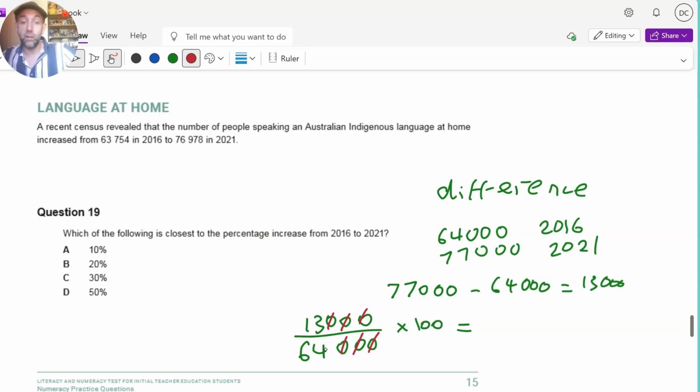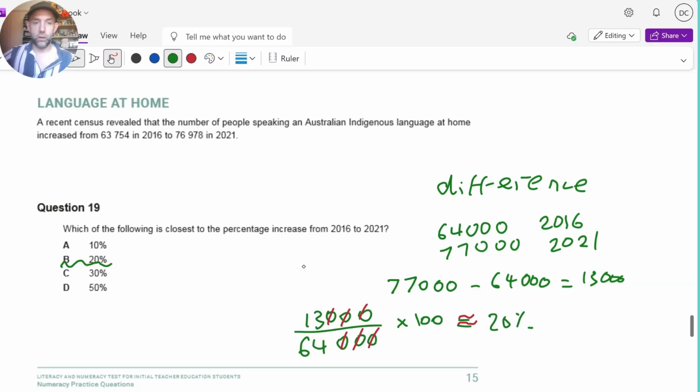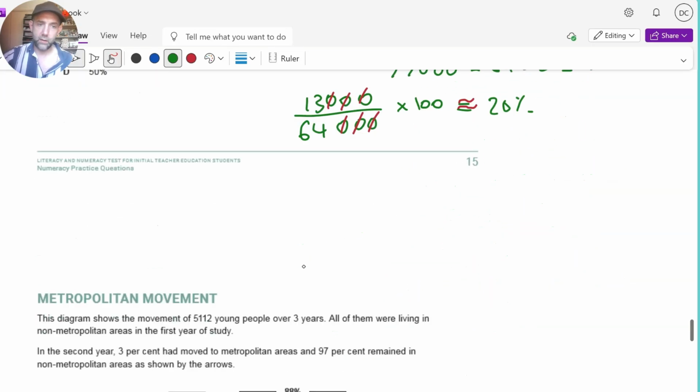So 13 goes into 64 roughly 5 times, which means this fraction is roughly a fifth, which means when we times it by 100, we're going to approximately get 20%. I was actually using my fraction knowledge there and equivalents to help me out, but that is roughly 20%.